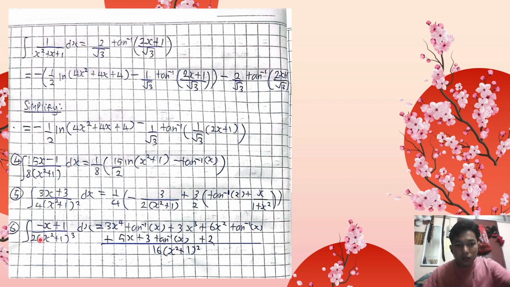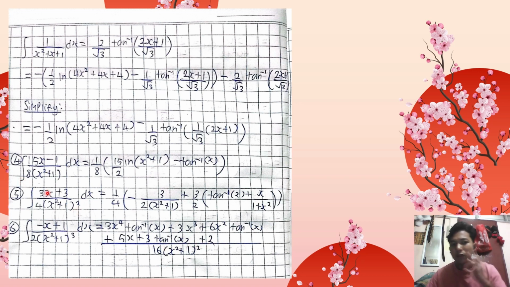We get the integration of negative x plus 1 over 2 (x to the power of 2 plus 1) to the power of 3 dx. We can get negative 3 to the power of 4 arctangent x plus 3x over 3 x to the power of 3 plus c x to the power of 2 arctangent x plus 5x plus 3 arctangent x plus 2 over 16 (x to the power of 2 plus 1) close bracket to the power of 2.